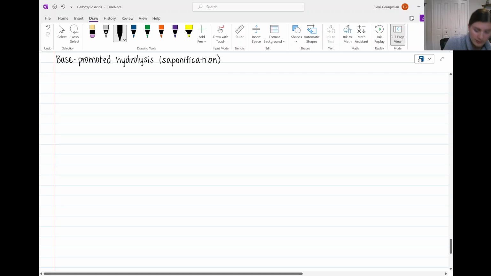For this reaction, to form a soap, we'll start with a fat or oil molecule. That means this molecule will have a long carbon chain. Now I'm just going to represent that as an R group.